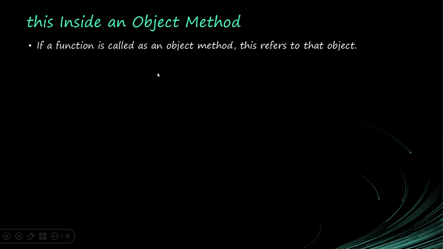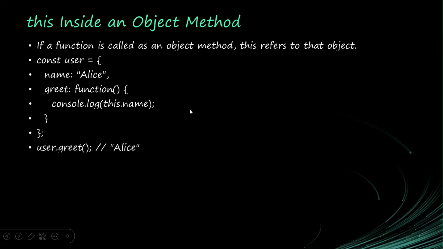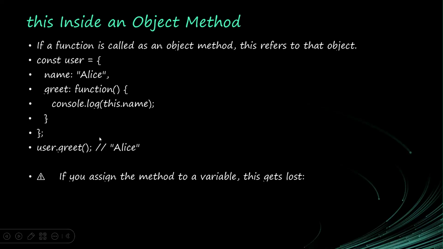If a function is called as an object method, this keyword refers to the object itself. You have just seen it. When I called this inside of the object method, we got the object as this. If you assign the method to a variable, this keyword gets lost. Look at this example: user.greet is a method, right?